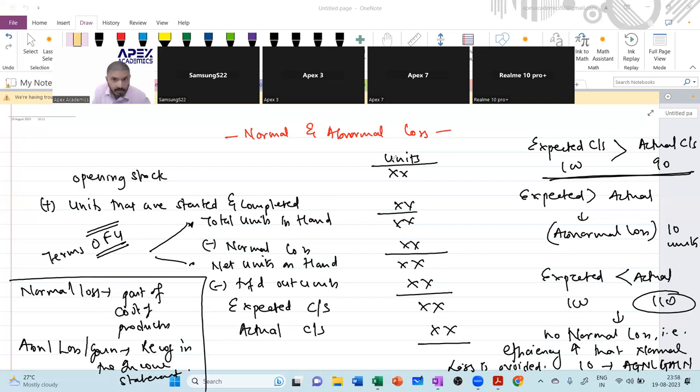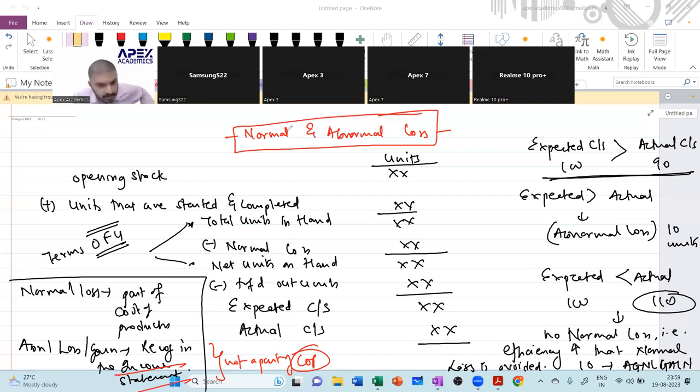They are not a part of cost of production. They will go directly where? In the income statement. What is the concept? Normal loss and abnormal loss. This has to be tied in with an MCQ immediately. So over here you will write down, refer question 63.